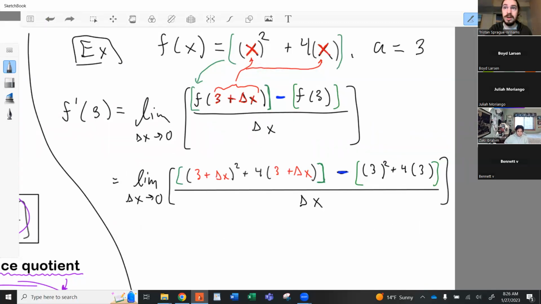After this, it's just algebra. We've already practiced how to do the algebra. Most of the mistakes happen right here: plugging in the numbers wrong, using the function incorrectly, misinterpreting the notation, all that kind of thing. So do folks have any questions about what you're seeing here at the moment?